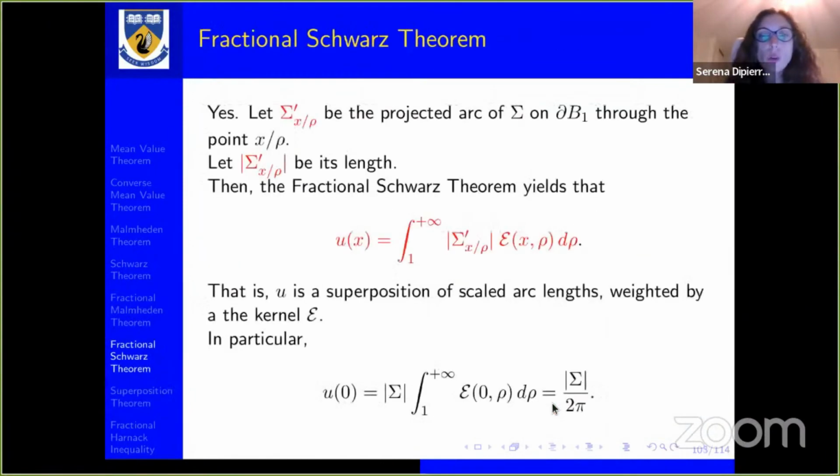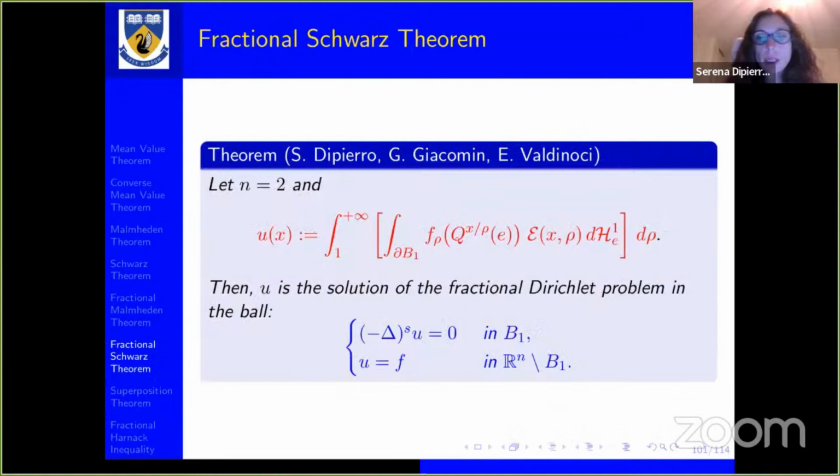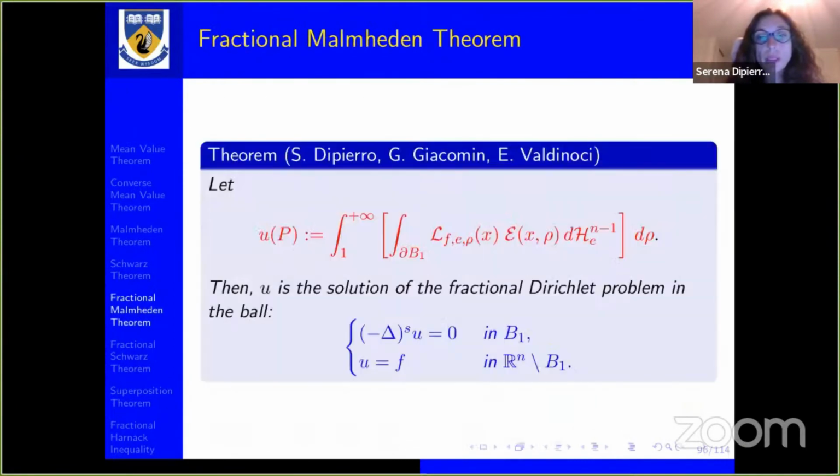And the reason is, if we go back, for instance, to the Malmheden theorem, if I just look at this integral over B1 of this interpolation, just this bit, without taking the kernel outside.